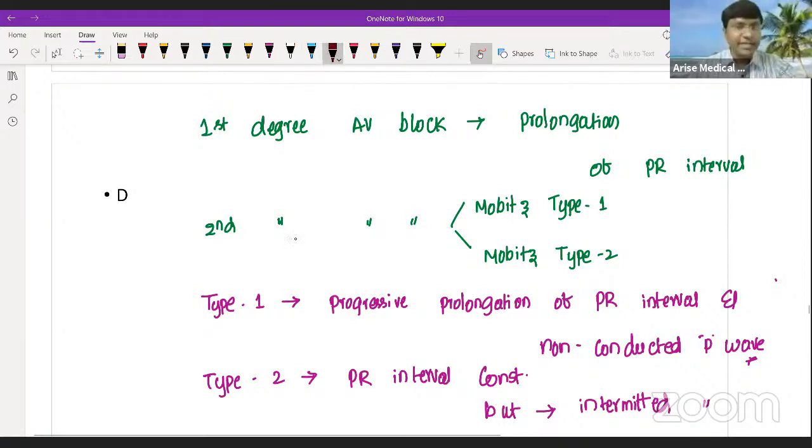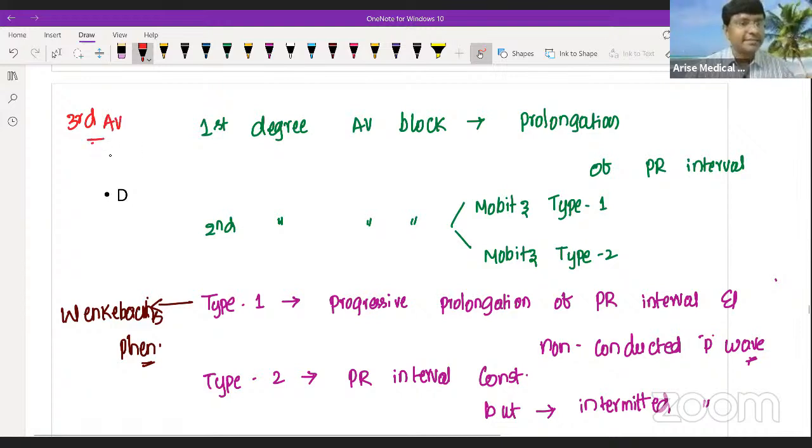And Mobitz type 1 AV block is also called Wenckebach's phenomenon. And third degree AV block is nothing but your complete heart block. That is what we have seen in the ECG.